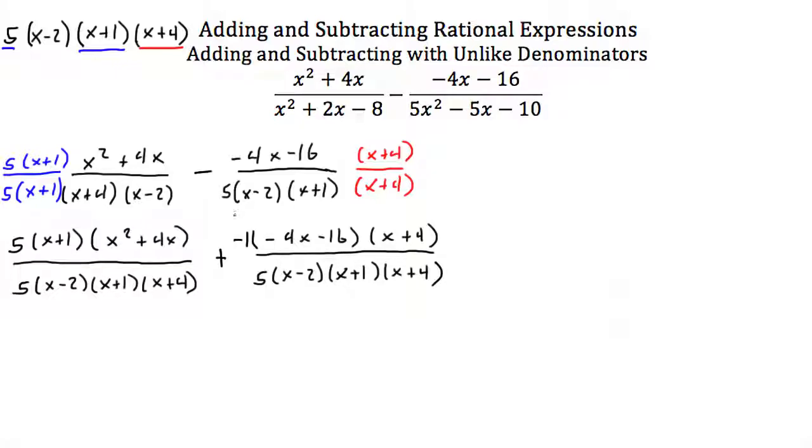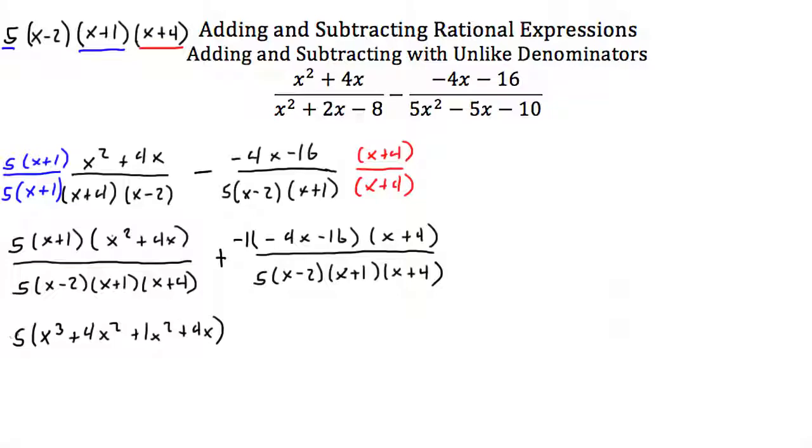Next, I'm going to distribute in this x plus 1 in this first term by FOILing. So I'll have x times x squared, which is x cubed, x times 4x, which is 4x squared, 1 times x squared, which is 1x squared, and 1 times 4x, which is just 4x.